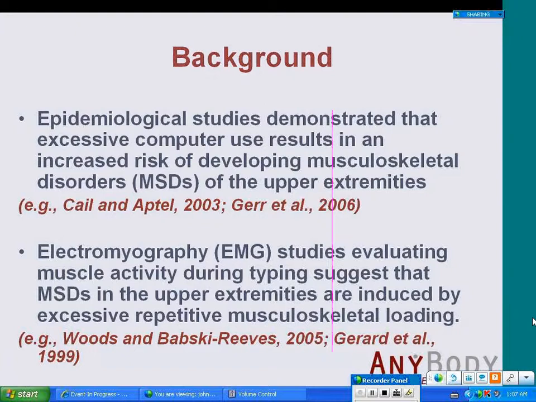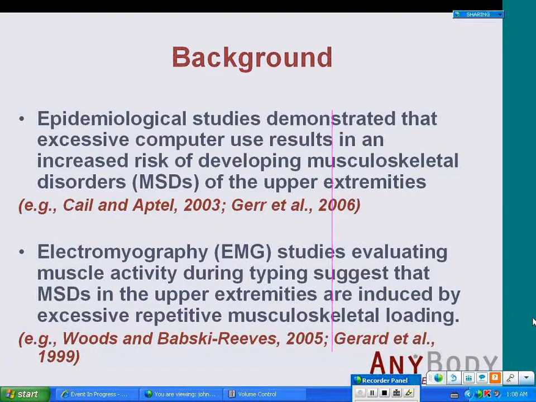Computers are the most common tools, both at home and in occupational activities, and computer use is related to many hand-arm musculoskeletal diseases.